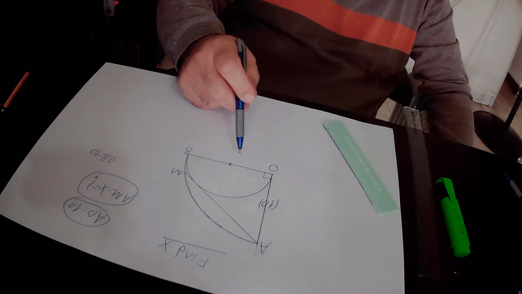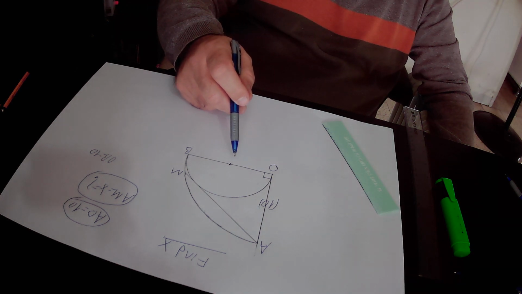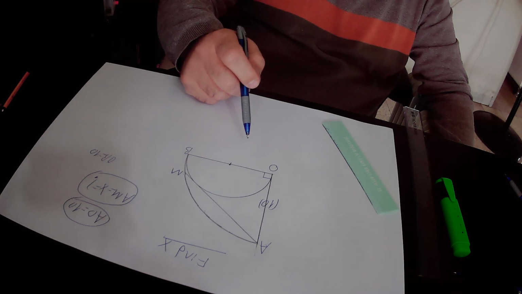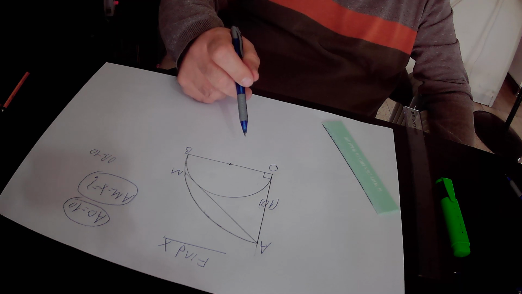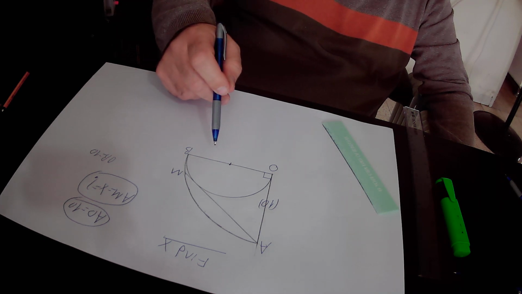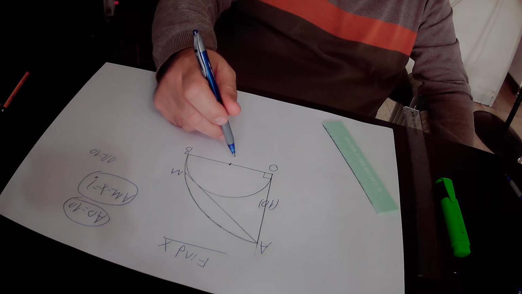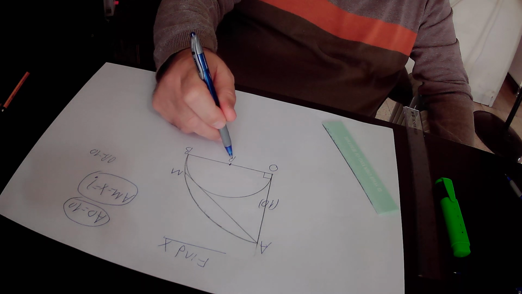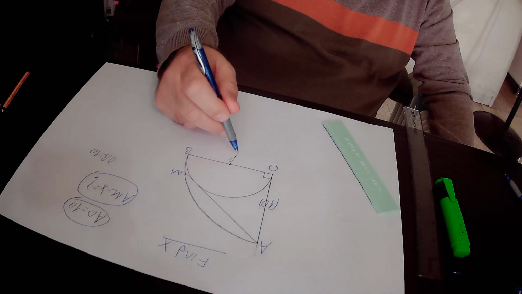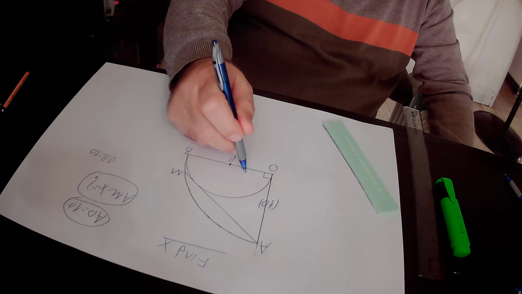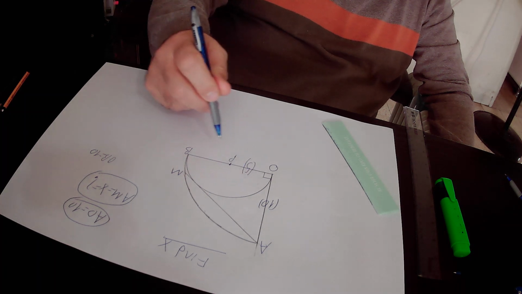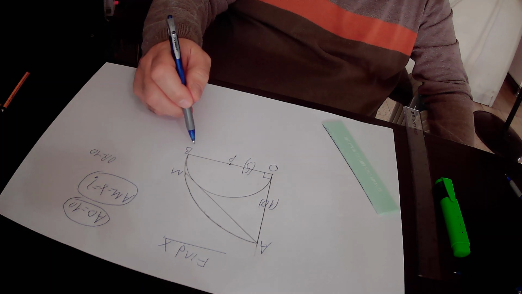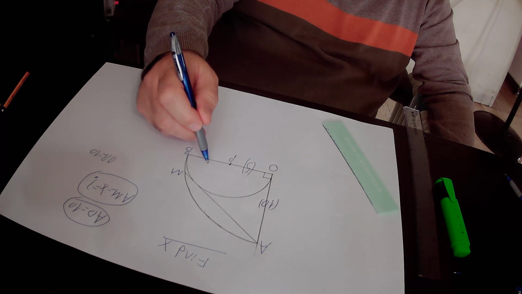Therefore, the radius must be equal to 10 over 2, that is 5. So the radius of this semicircle equals 5 units in its length. We define the center of this semicircle as P. Therefore, the radius OP equals 5 units, and the radius PB also equals 5 units in its length.